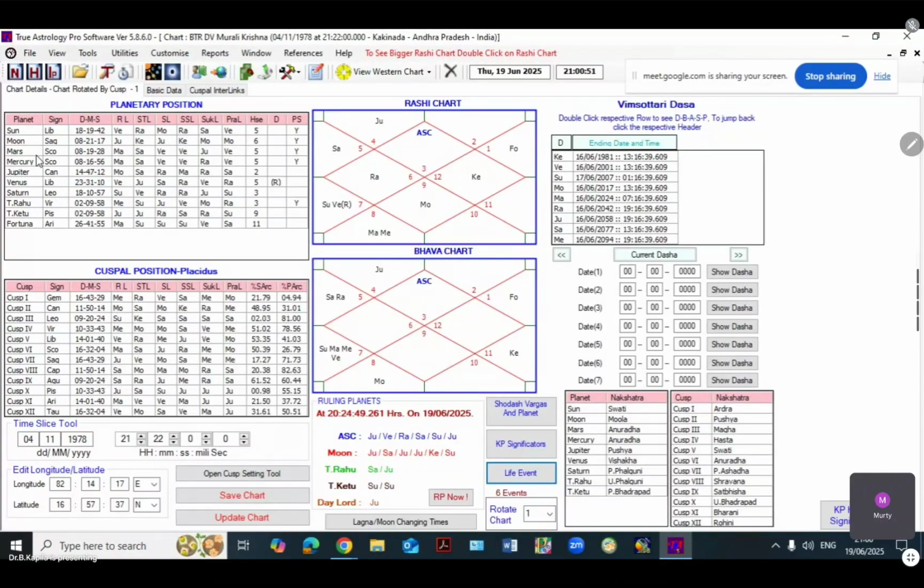Now we start with Moon. What were the rules which we discussed for the 1 7 10 rule? The first point was that if the planet has PS and it appears in any two out of 1, 7 and 10, it qualifies. If the planet does not have a PS, then it has to qualify the 1 7 10 rule through the star lord and the sublord.